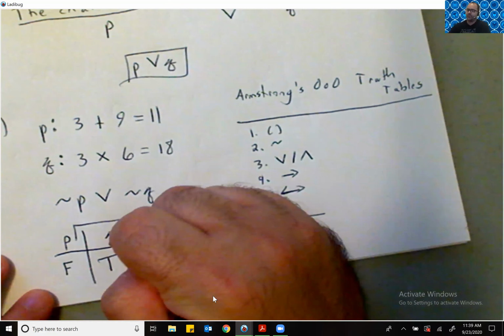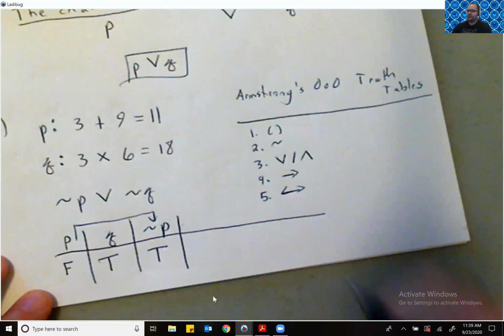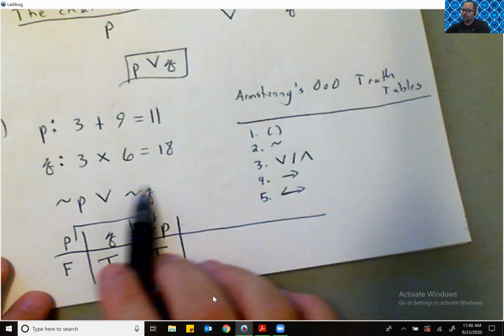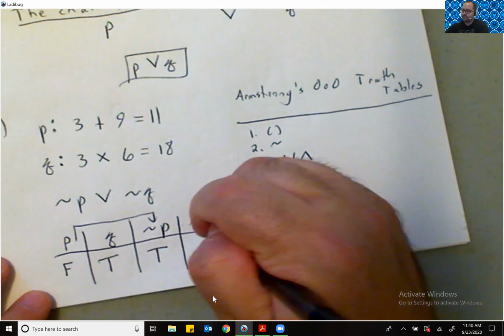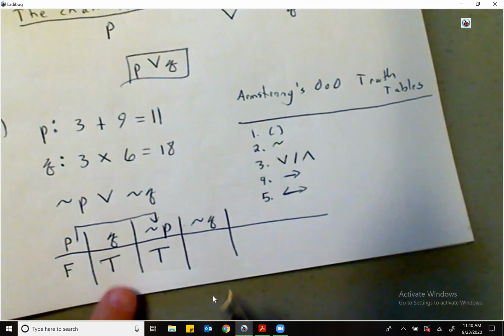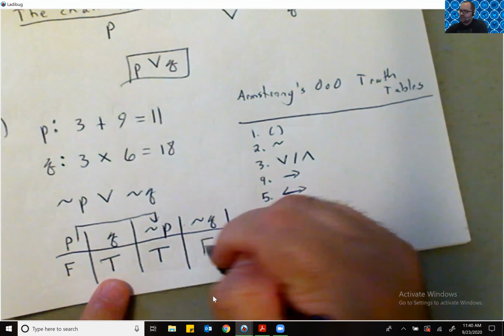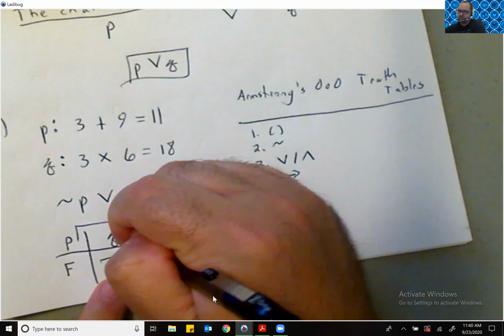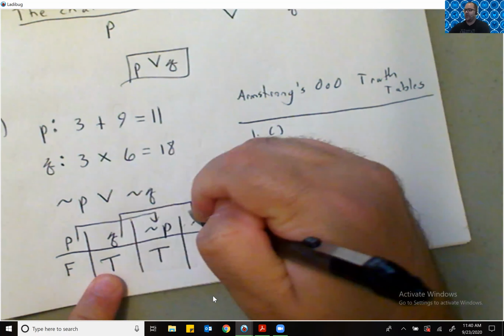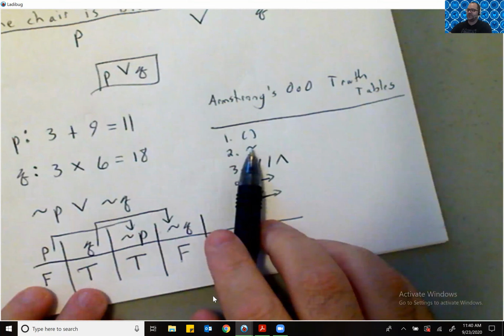So this is now true. We also need to take care of the negate Q. This would be false because our original Q value was true. All right, so we've taken care of negations.